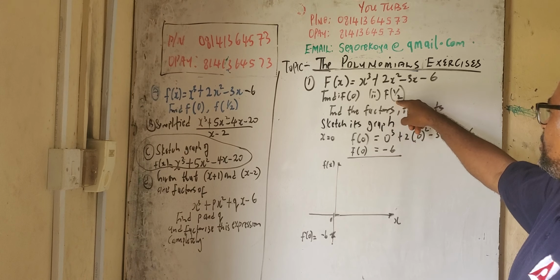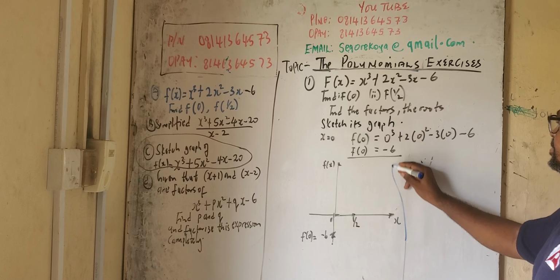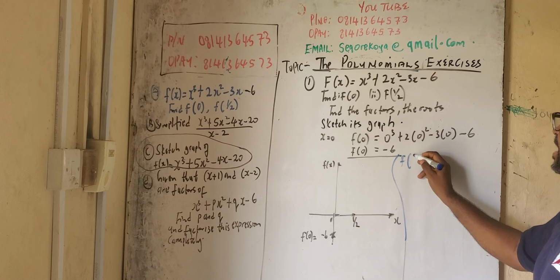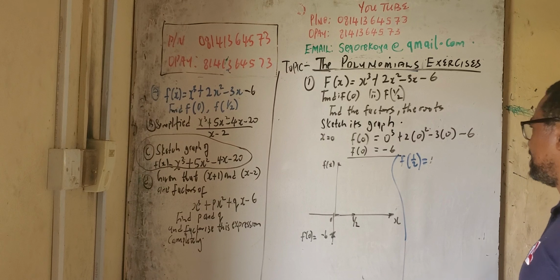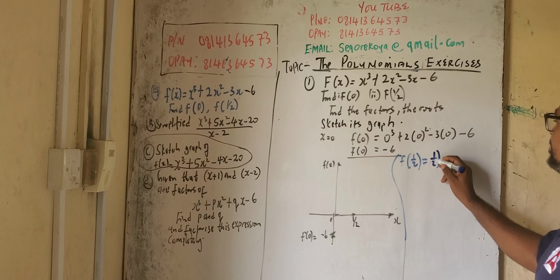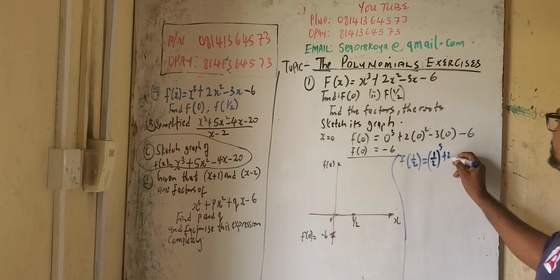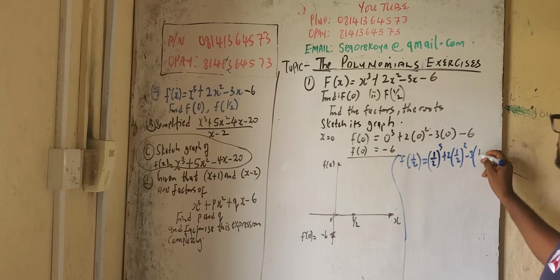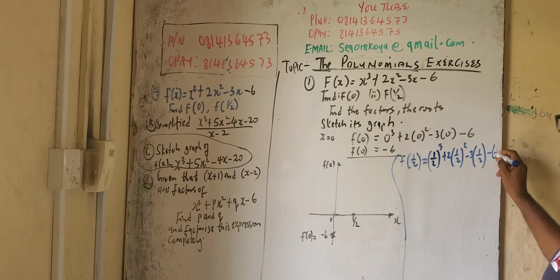So f of half simply means anywhere you see x, you put half there. F of half is equal to 1 over 2 raised to power 3 plus 2 times 1 over 2 raised to power 2 minus 3 times 1 over 2, then minus 6.